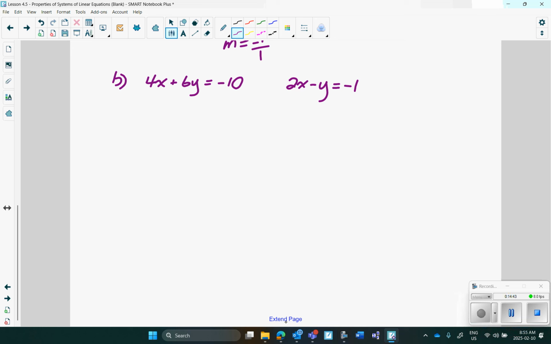Algebra here, I'm going to pull the 4x over to the other side, so it's going to be 6y equals negative 4x minus 10 after I do that. Then I've got to divide everything by 6, which is going to give me fractions. So I'm going to have negative 4 over 6x minus 10 over 6. Neither one I can divide cleanly, so I just reduced them to negative 2 over 3x minus 5 over 3.